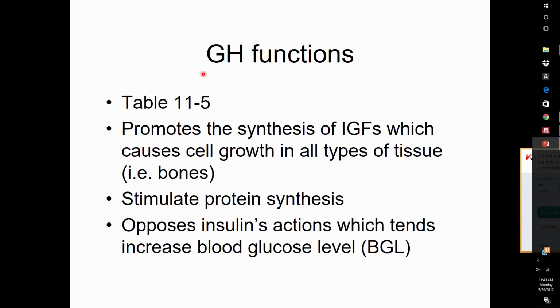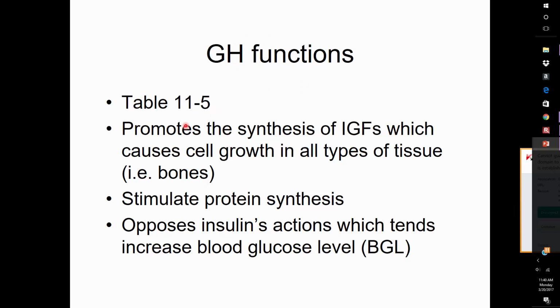So we're going to use growth hormone as our specific example. I may need to change the name of this table now that I'm recording this presentation. But this is a summary of some of the things that growth hormone does.